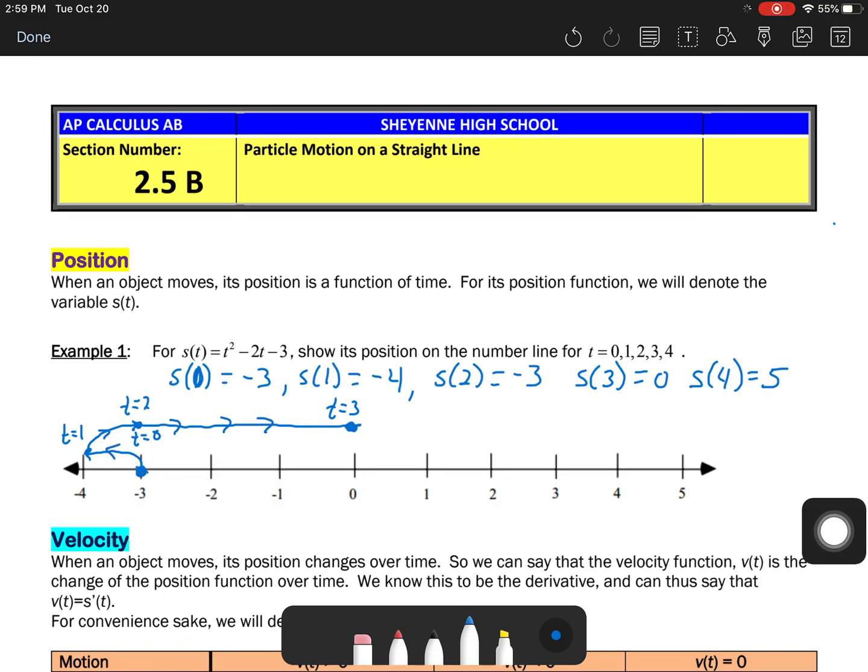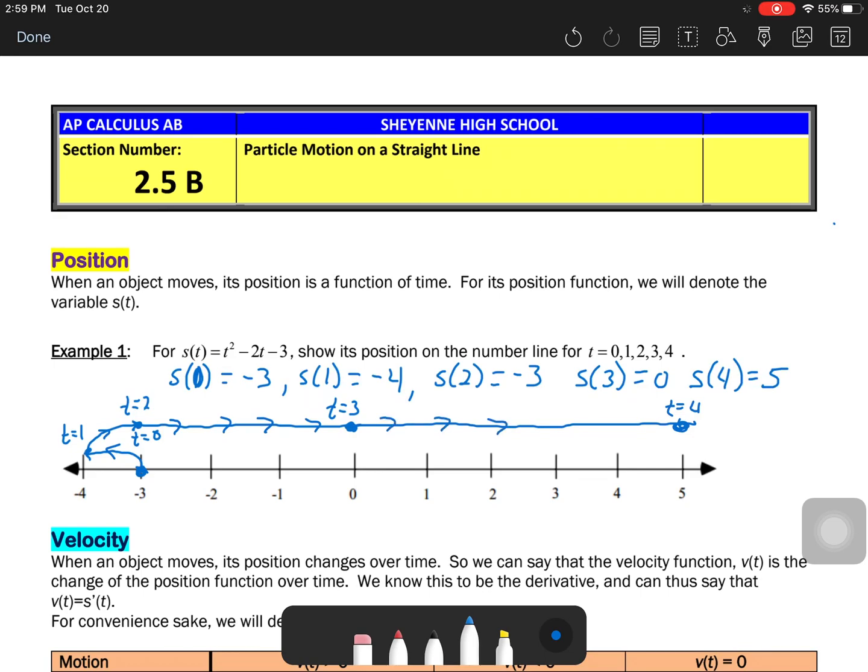So we moved left for that first second, and at 1 second we turned around and started moving right. At time 4 seconds, I have a position of 5, so I keep moving right, and now I'm at a position of 5. This was at t equals 4 seconds.